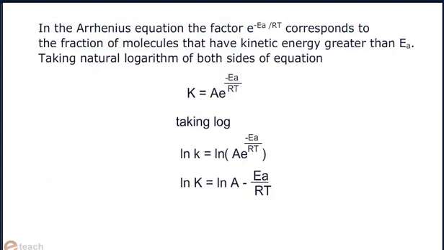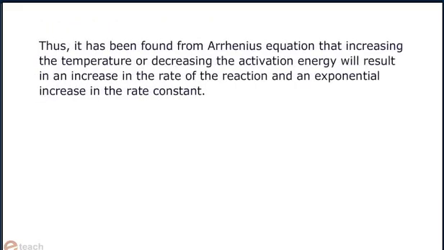In the Arrhenius equation, the factor e to the power minus Ea upon RT corresponds to the fraction of molecules that have kinetic energy greater than Ea. Thus, it has been found from the Arrhenius equation that increasing the temperature or decreasing the activation energy will result in an increase in the rate of the reaction and an exponential increase in the rate constant.